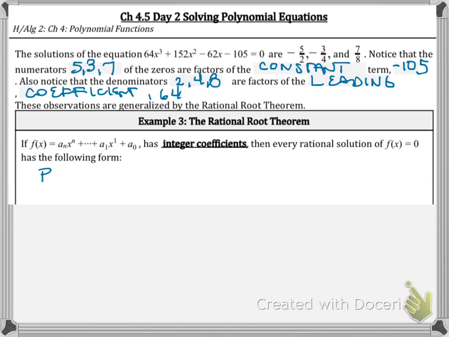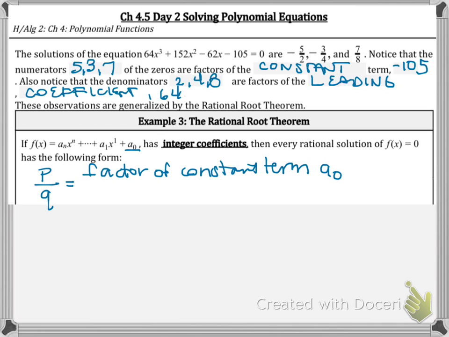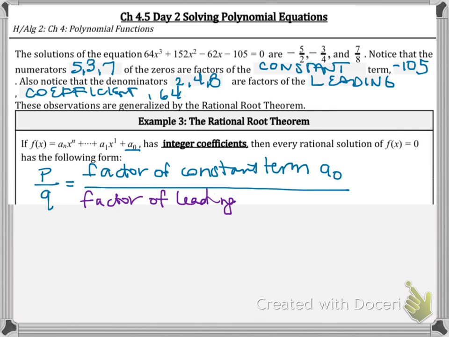Normally you would see P over Q. P is the factor of the constant term, which is the a sub 0, or a naught, over the factor of the leading coefficient of a sub n.